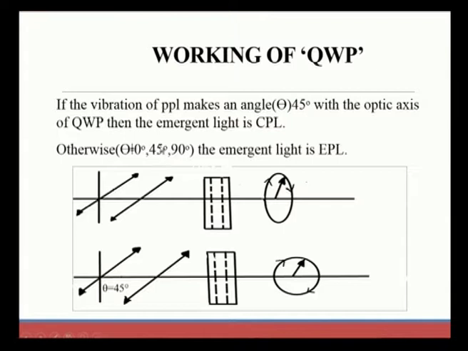So, when theta is 45 degrees with the optic axis, the plane polarized incident light makes a 45 degree angle with the optic axis, and the output from the QWP is a CPL. Otherwise, when theta is not equal to 0, 45 degrees or 90 degrees, the emergent light is EPL.